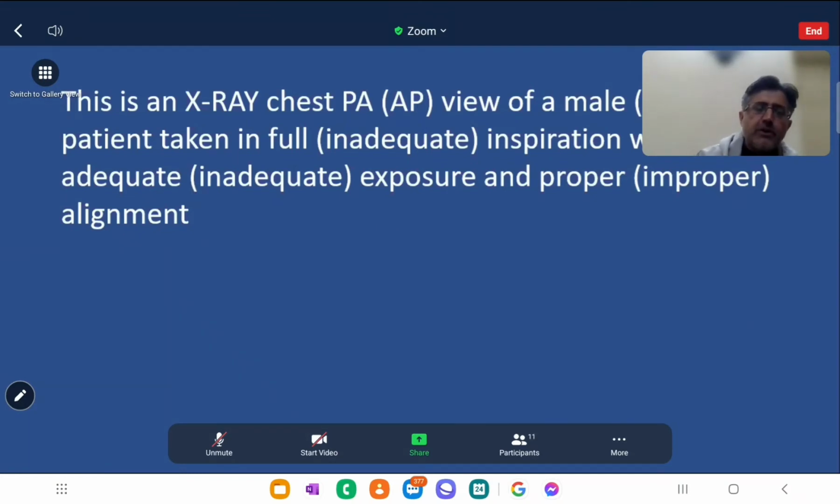Then full or inadequate inspiration, adequate or inadequate exposure, and proper or improper alignment. I hope I do not need to explain what is an inadequate exposure and what is a proper and improper alignment. I think these things are already clear to you people. Is it so, Dr. Aisha?